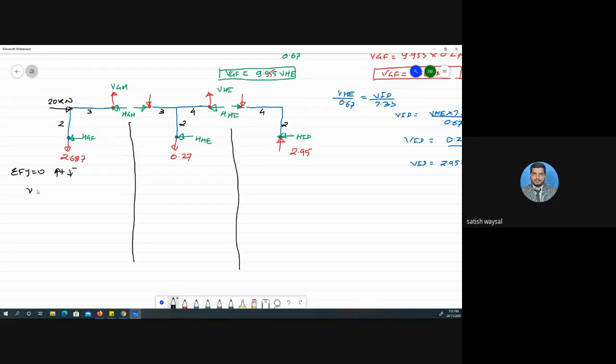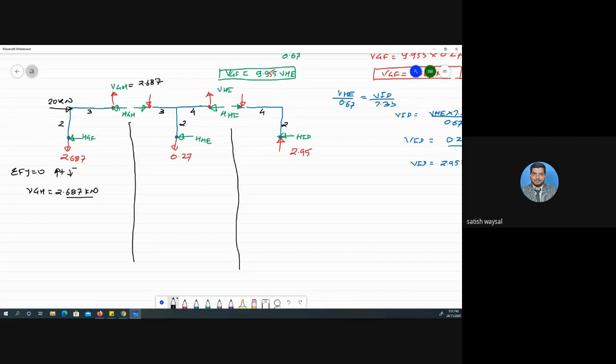So VGH is equal to 2.687 kilonewton. Directly we can write this. Understood this VGH? Vertical reaction VGH is 2.687. Yes or no? Okay, good.